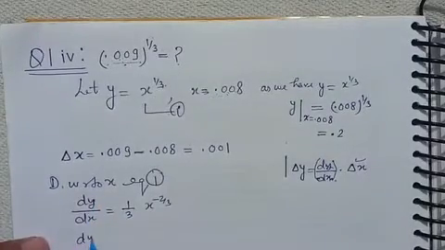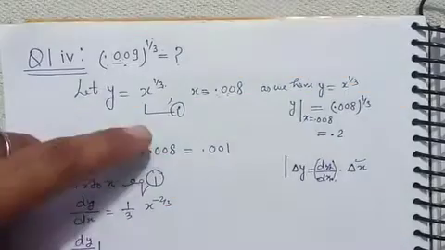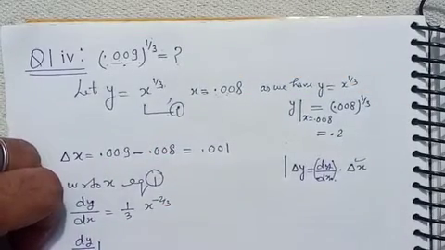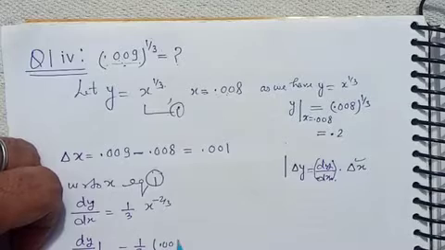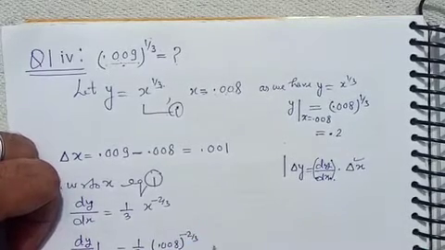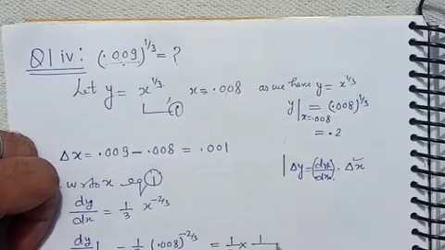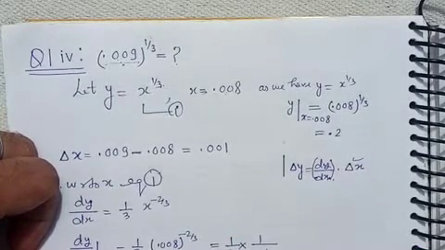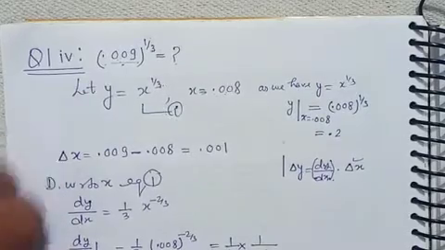Also find out rate of change of y with respect to x when x is 0.008. It means 1 upon 3 into 0.008 raised to the power minus 2 by 3, that is equal to 1 upon 3 into 1 upon 0.04, 1 upon 0.12.